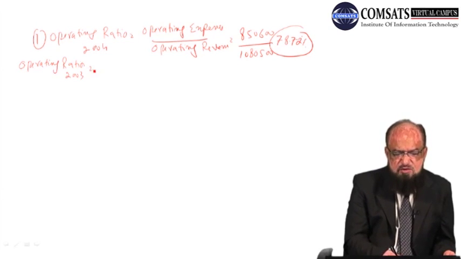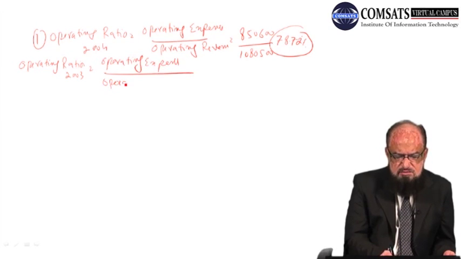Now we will calculate for year 2003. Formula will be the same. Operating expenses divided by operating revenue.